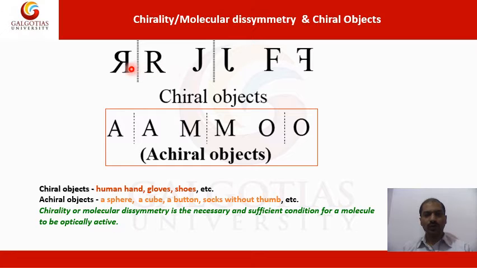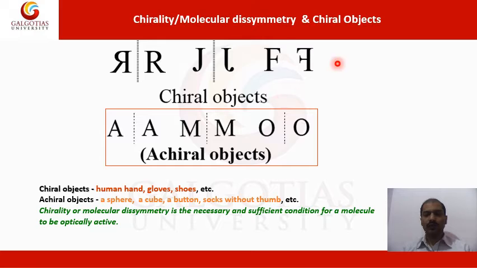You can see this R will look like this R, which is just the opposite of that. Once you try to superimpose them, they will not be superimposed on each other. Similarly J will look like this, and F, if you put the mirror here, will look like this. So these types of compounds are chiral compounds or chiral objects.